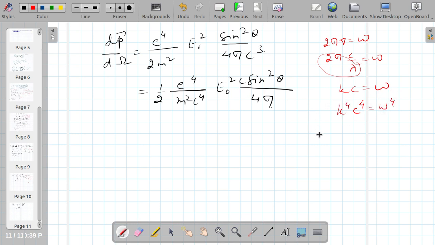Also I know that p is equal to e squared over m omega squared E naught, and omega is kc, so p is equal to e squared over m k squared c squared E naught.